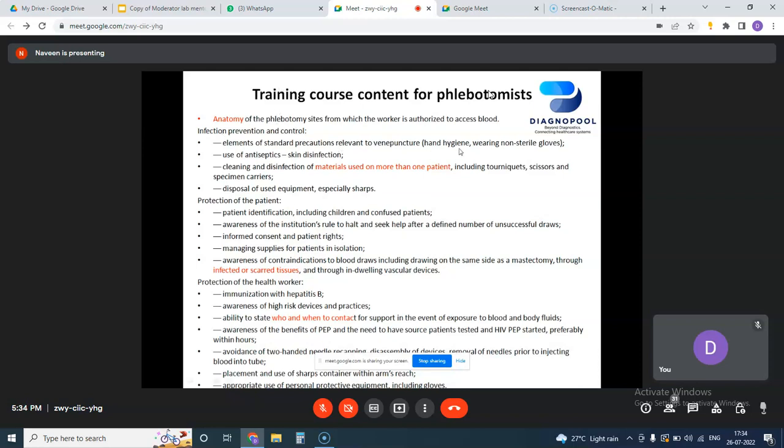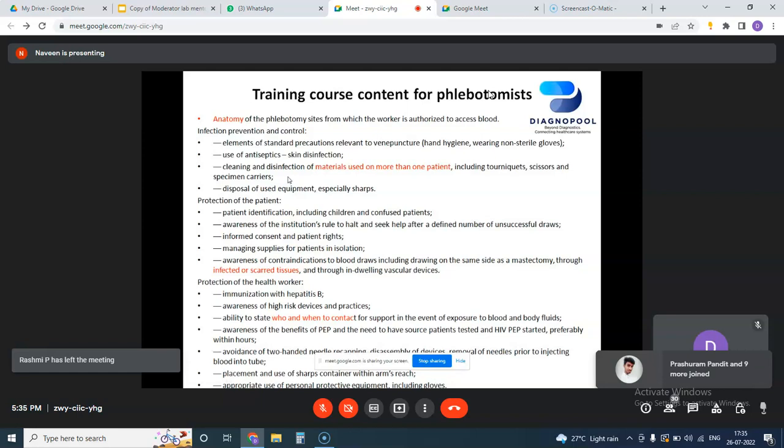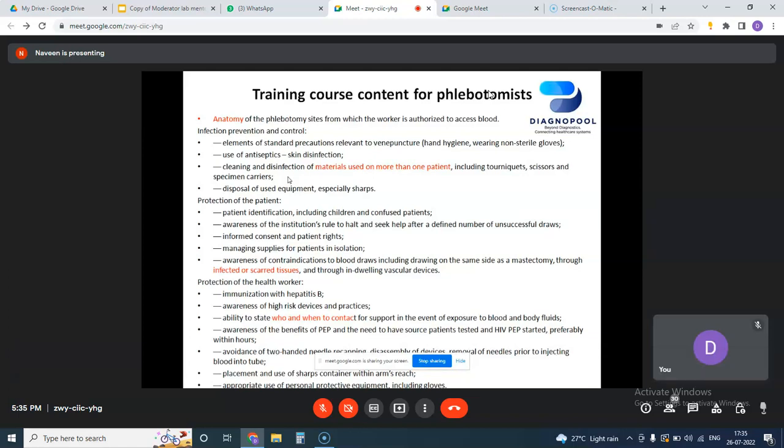And hand hygiene, wearing sterile gloves and non-sterile gloves, use of antiseptics to the skin, cleaning and disinfection of materials which are used more than one time, like tourniquet, scissors, carriers, and also glucometers should be cleaned so that there is no transmission of diseases, because usually epidemics of hepatitis B and methicillin-resistant staphylococcus have been related to tourniquets and glucometers which are not being cleaned.